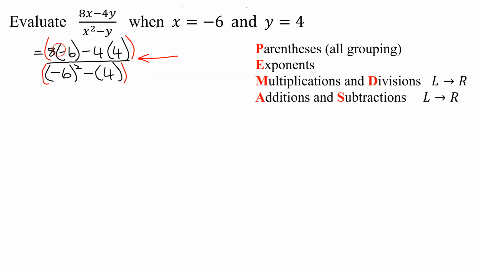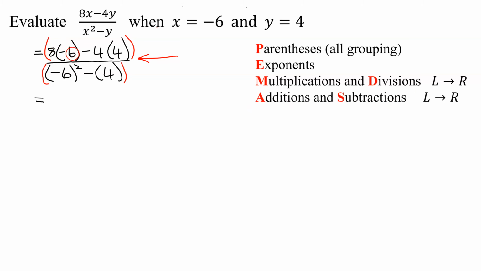So in this case, I'm allowed to work on the numerator and the denominator at the same time. So let's start with our numerator. I have multiplication and a subtraction and another multiplication. So you can see I need to do multiplications and divisions before my additions and subtractions.